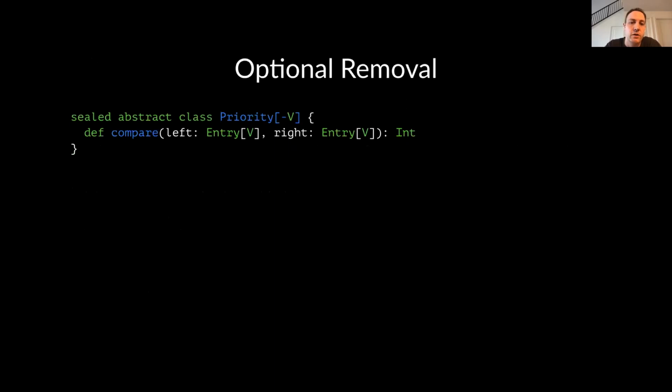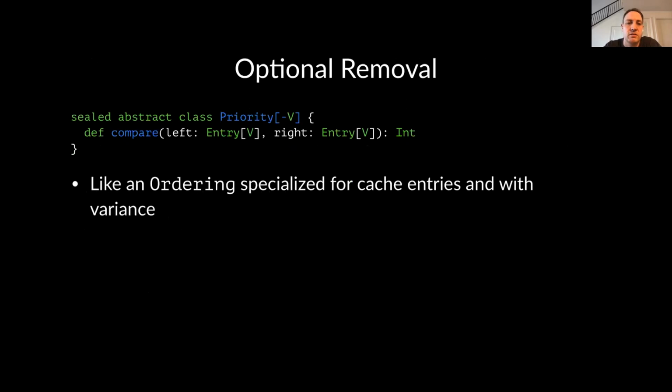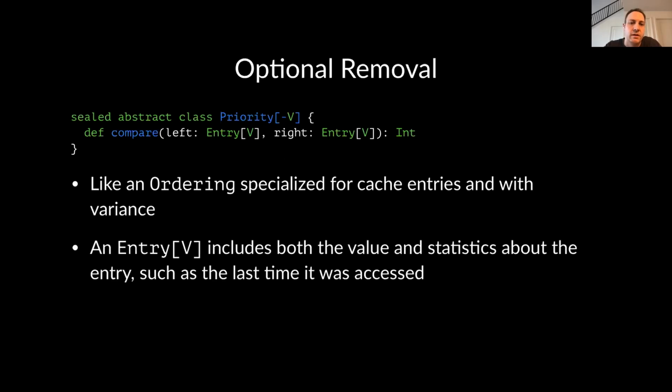So this first one, a priority, is really just an ordering specialized for cache entries, right? If you look at the signature of a compare function, this is exactly the signature of an ordering in Scala from the standard library, except we've specialized it to this entry of values, and we've given it contravariance here. And this entry is going to keep track of both a value as well as various statistics about the entry.